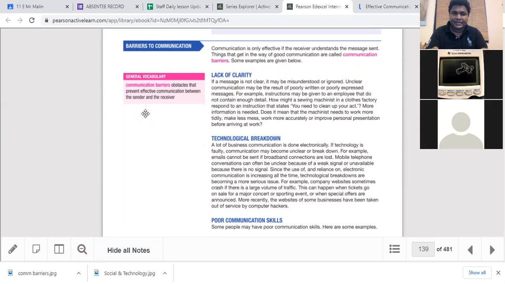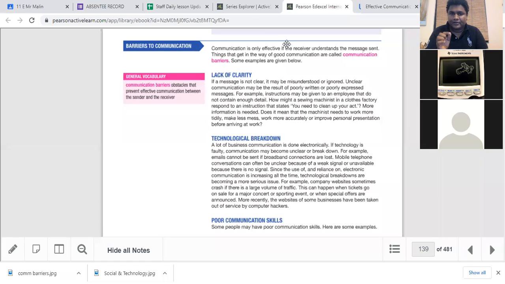Obstacles can be background noise, a technical problem, a power failure, or sometimes language problems, where the receiver can't understand the language the sender is using, written language or audio language. These are the problems that normally happen in the communication process. Any obstacle you find is a communication barrier.